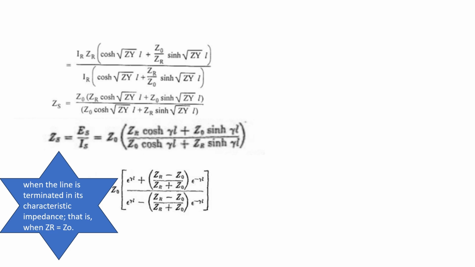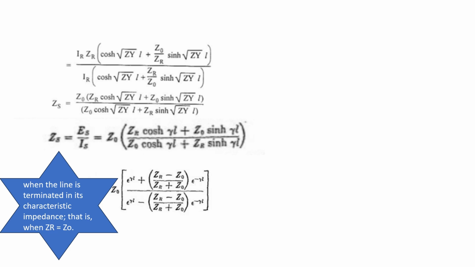Here we apply the condition, that is, whenever the load is terminated by its characteristic impedance. In this equation, Zr represents the receiving end impedance. Whenever the load impedance or receiving end impedance Zr is terminated by the characteristic impedance of the line, that is Zr equal to Z0, the second term of the numerator becomes 0, since we have Zr minus Z0, so it will be 0. And the second term of the denominator is also 0.